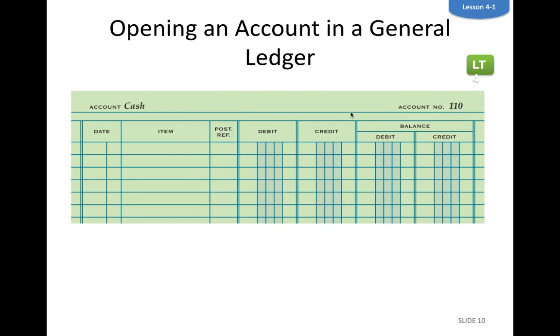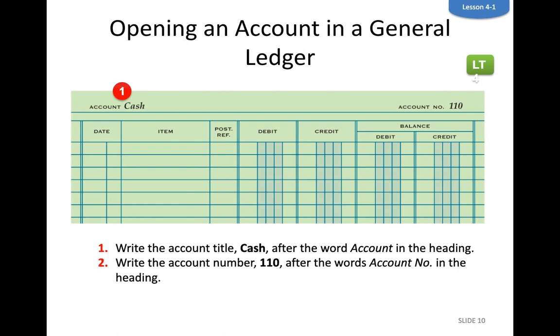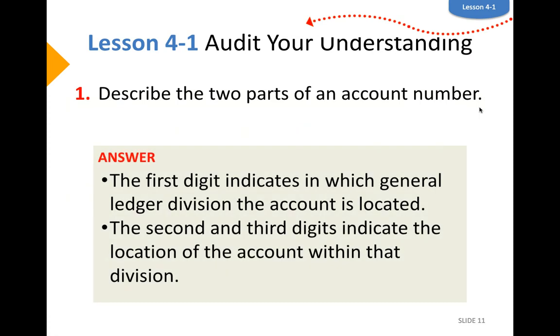And now you've pretty much opened an account in a general ledger to be able to report totals that you'll see how to do in 4.2 and 4.3. In the MindTap, this is going to be a part of what you're going to do: just these two steps, writing the account title next to account, and then the account number next to account number that matches your chart of accounts. And that is it.